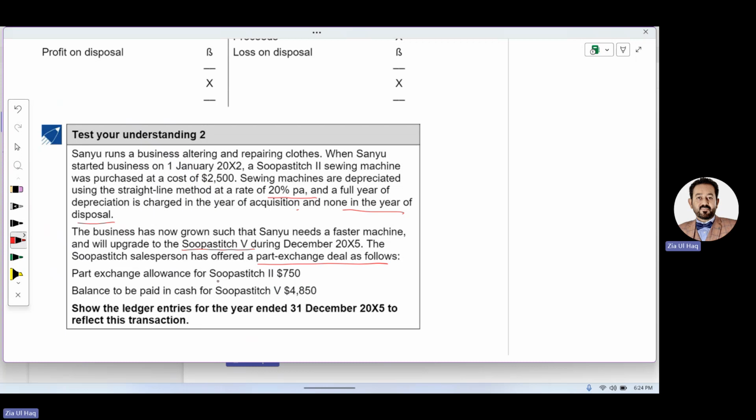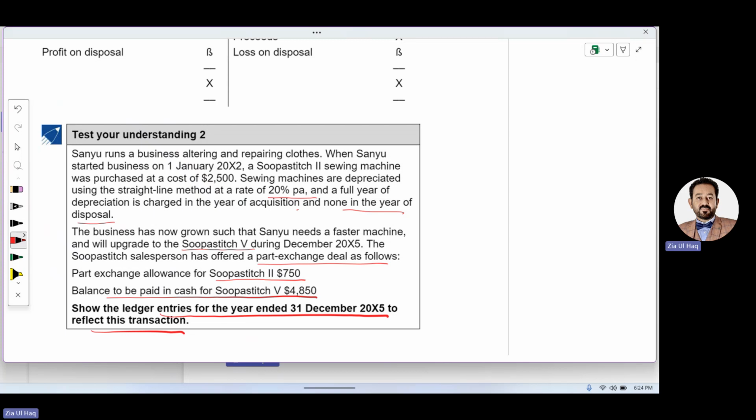The part exchange allowance for the Super Stitch is 750, meaning they will take your machine at a value of 750, and the balance to be paid in cash for the Super Stitch is 4,850. You need to show the ledger entries for the year ended 31st December 20x5 to reflect this transaction.